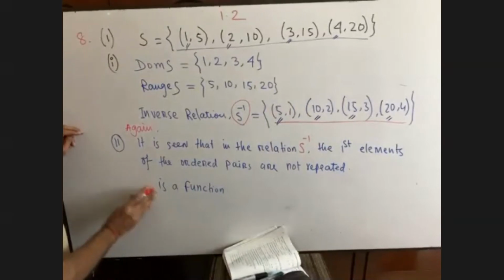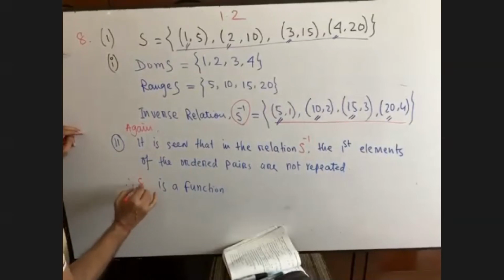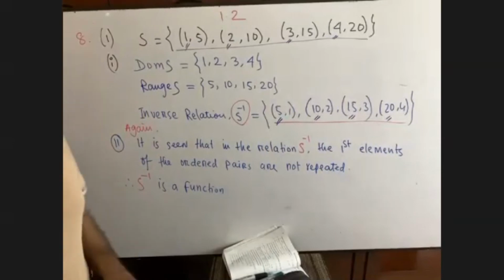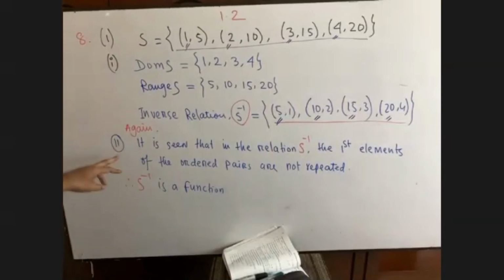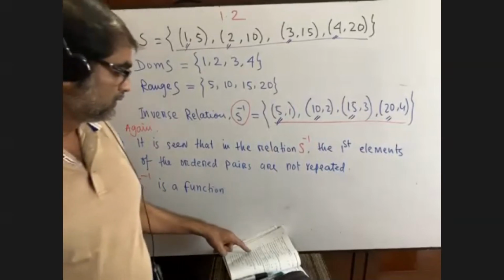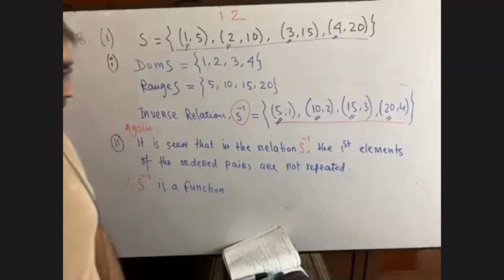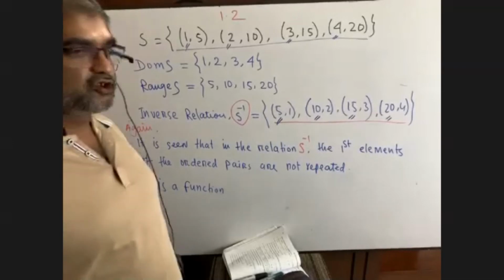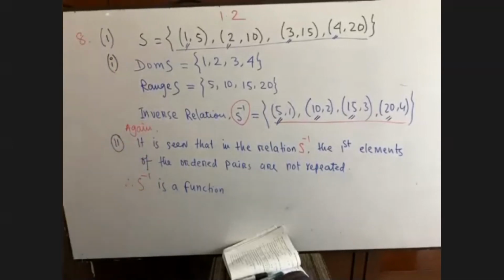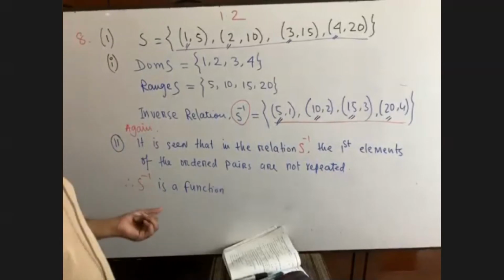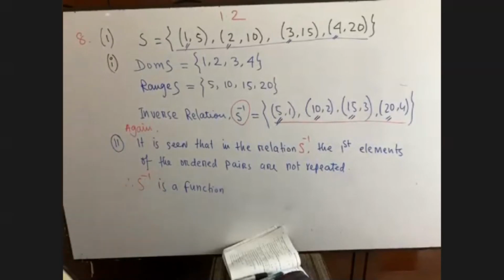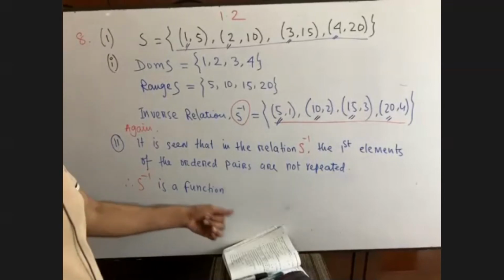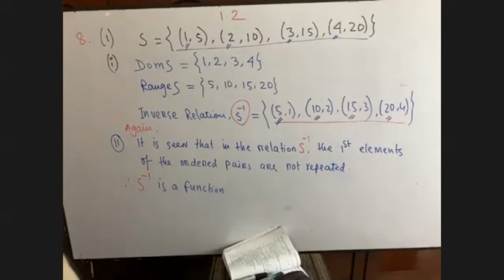So S inverse is a function. In question number 2, it is told to ascertain whether relations S or S inverse are functions or not. So we have ascertained that S is a function as well as S inverse is also a function. I think you have got it.